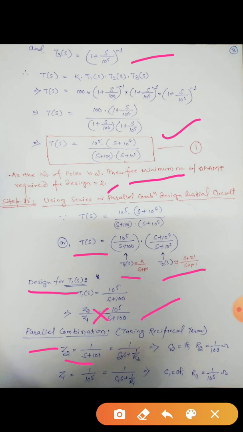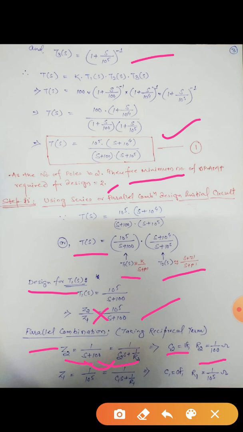And if I compare S term by S term, then C2S is equal to S, therefore C2 is equal to 1, and 1 by R2 is equal to 100, so R2 will be equal to 100 ohm. So these are the values of R2 and C2.